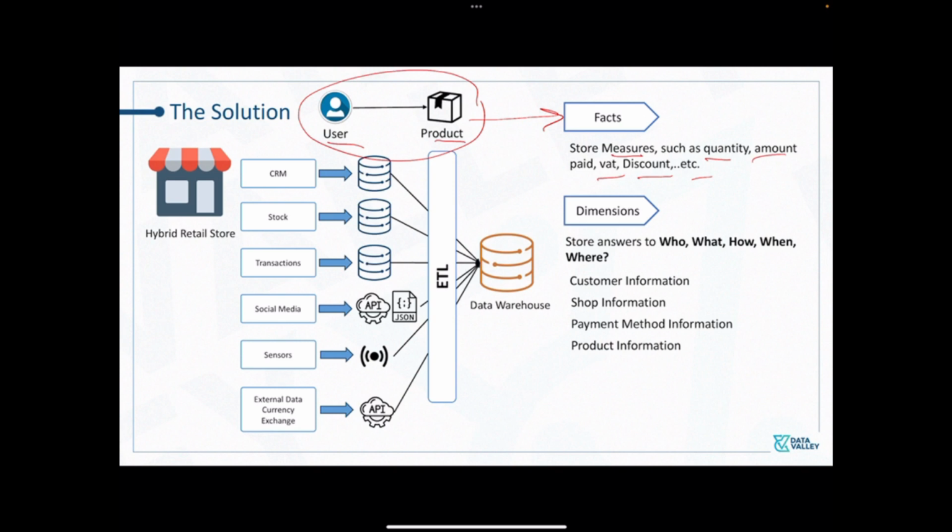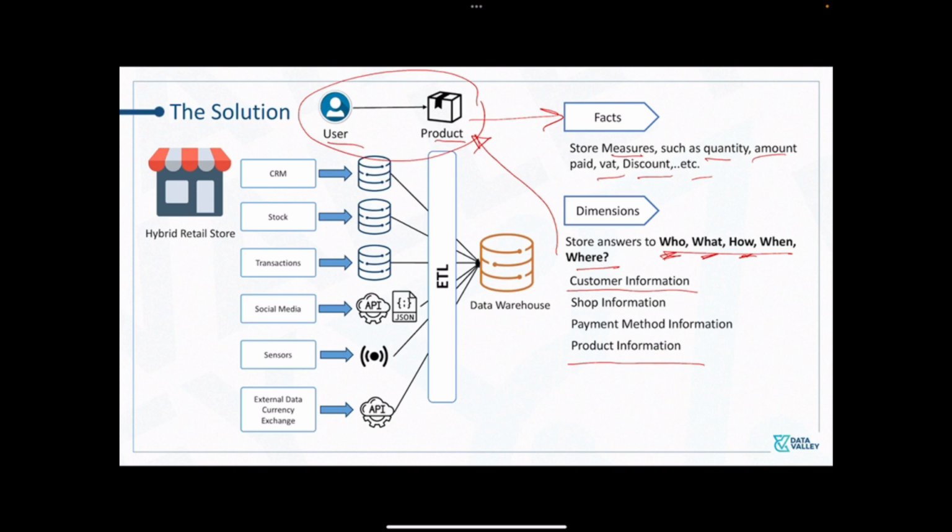And in dimensions, we answer the questions of who, what, how, when, and where. In dimensions, we answer these questions related to the same business process. Who bought this? So we need a customer dimension to have customer information. What is the product in this business process? So we have a product dimension, so we can have product information.